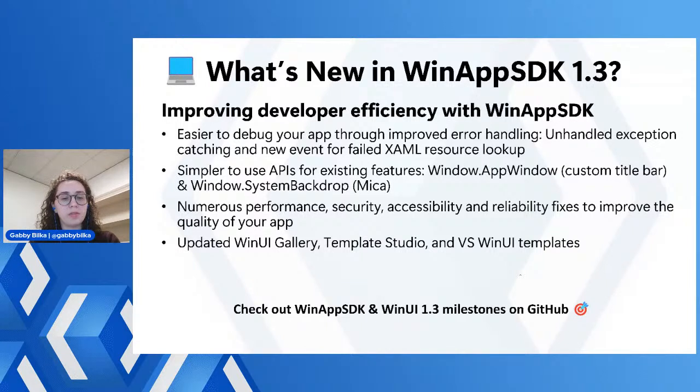And then we have both internal and publicly visible milestones tracking the different fixes that can help improve the quality of your app. As mentioned earlier, we've also updated the WinUI Gallery, Template Studio, and the Visual Studio WinUI templates for this release. So check out those milestones on GitHub for a little bit more info about those.